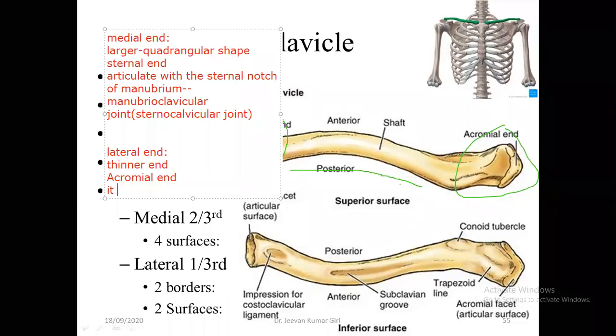It articulates with the acromial process of the scapula. So the name of the joint is the acromioclavicular joint.